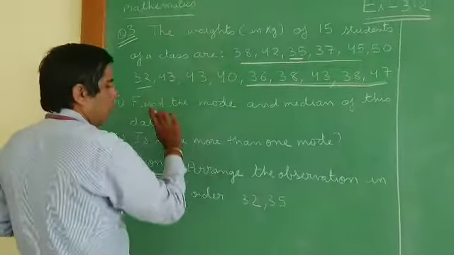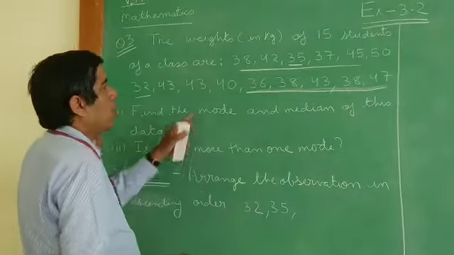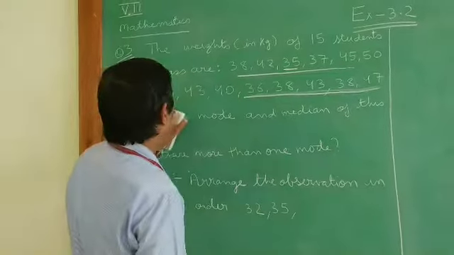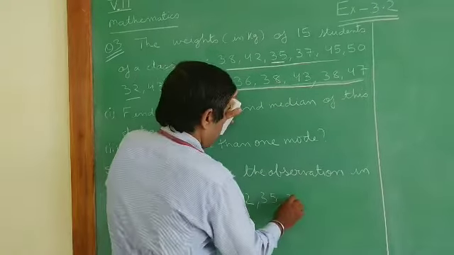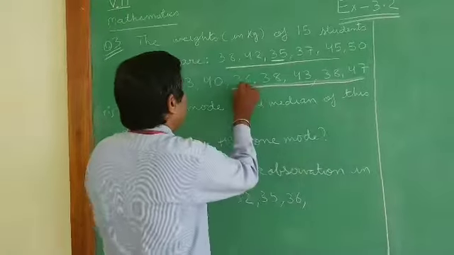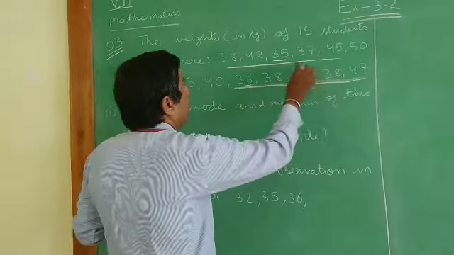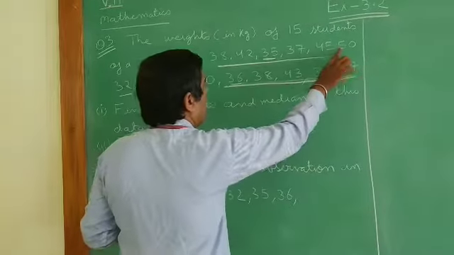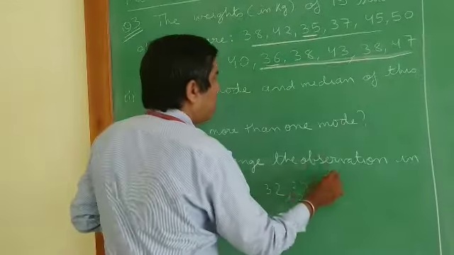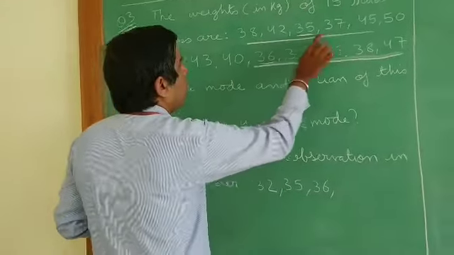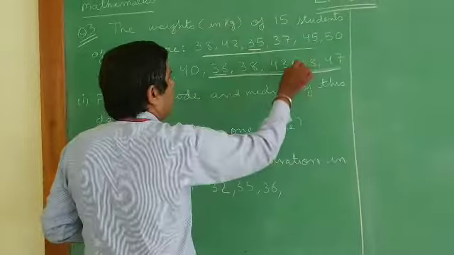No. Now comes the next number, 36. How many 36 are there? Count it. Only one. Now 37. This 37 is one here.